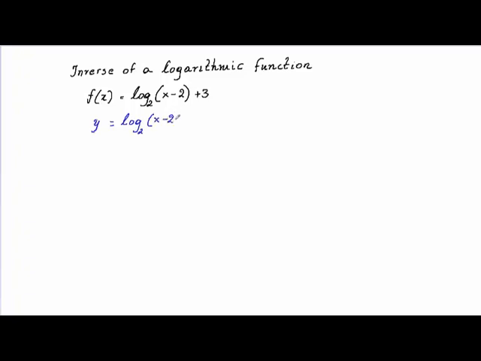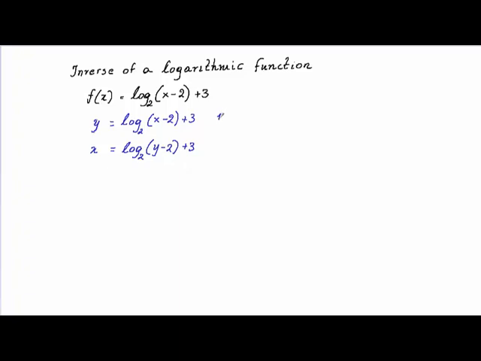Next, in order to solve the function and find the inverse of this function, we want to exchange the x and the y's. So we'll write x equals log with base 2 of y minus 2 plus 3. The next step is that we want to solve this function for y.